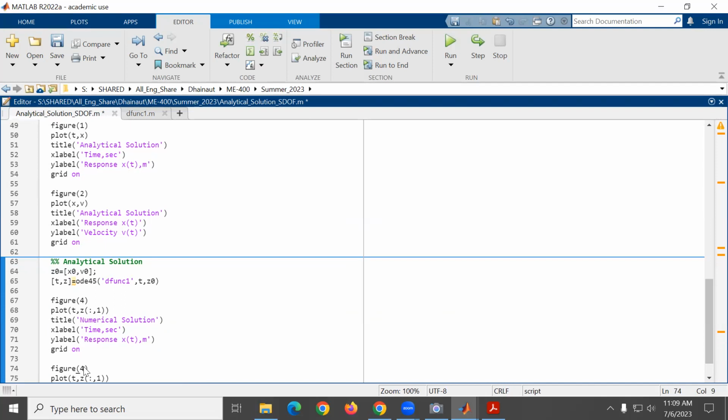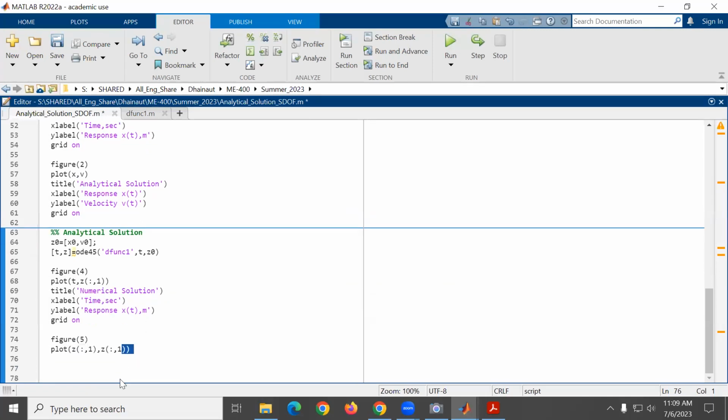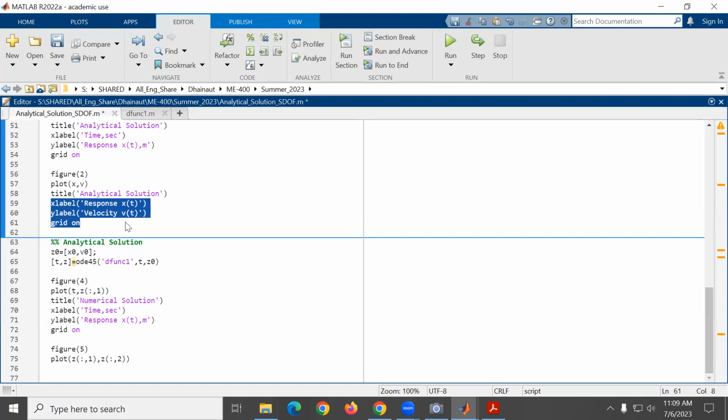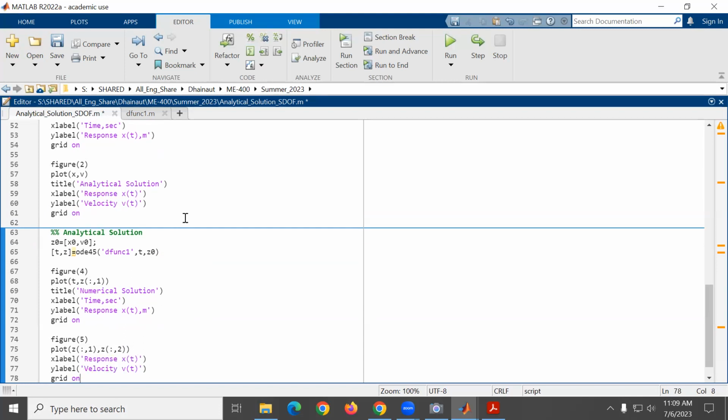Figure 5 would be this time Z1 over Z2. Oops. All right, so here we go.